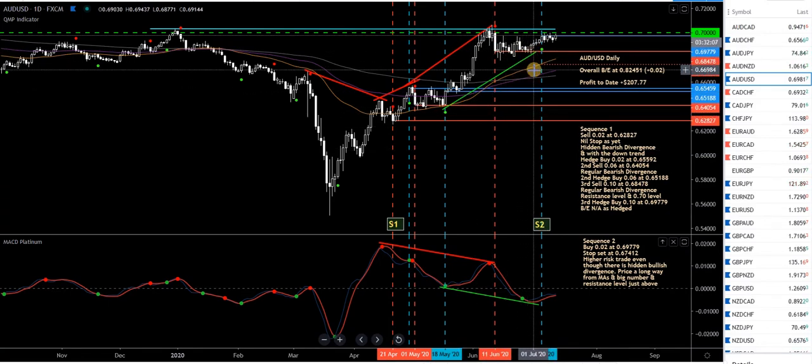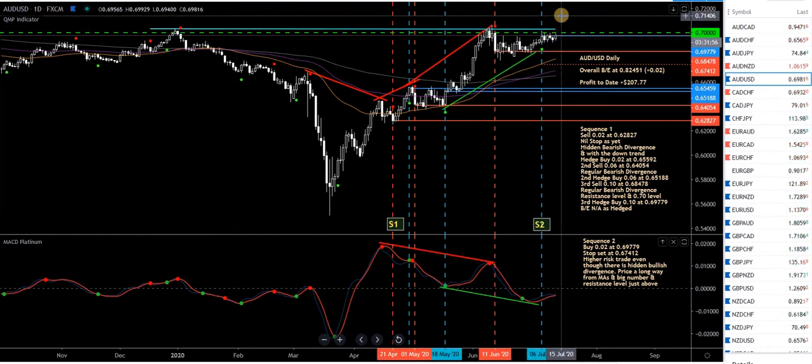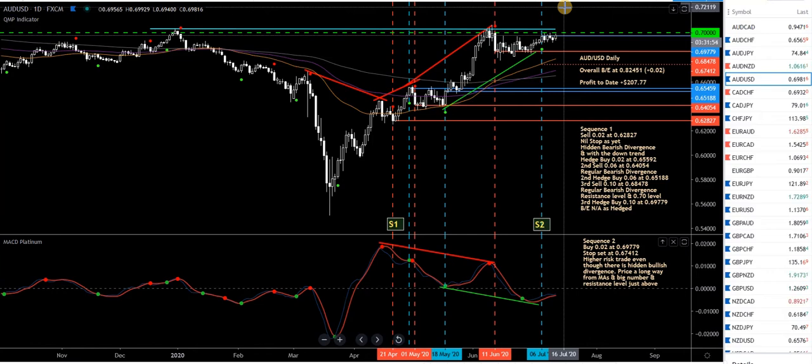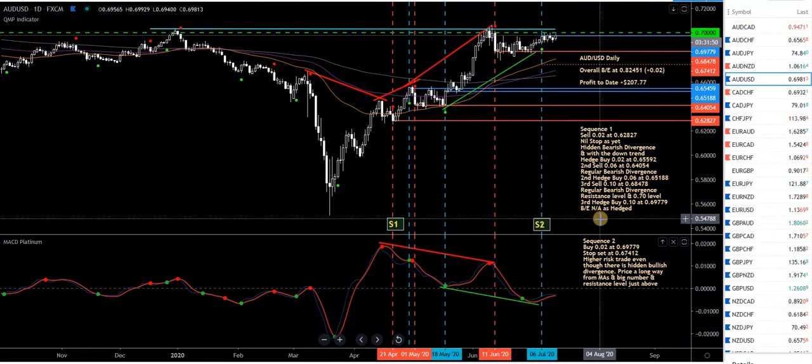Price probably didn't come back close enough to the MAs. Plus, we're at this green line, which is the 70-cent level. As you can see, it's a strong resistance. It's a big number, so ideally, you want to see price break up through that. If not, then I'll bring this sequence one down to the downside.